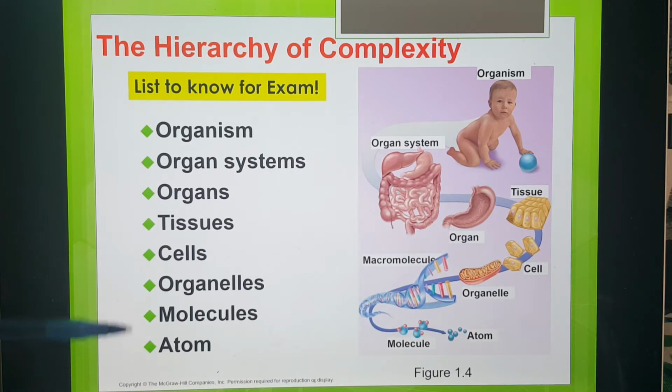We're going to do atoms and molecules with our chemistry chapter, organelles and cells for our cell biology chapter and our genetics material. Then we move up to tissues, which is chapter 5, and then we'll go into our different organ systems that eventually build up into our organism. This is a list you need to know for the exam: atoms create molecules, molecules create organelles, and then cells, tissues, organs, organ systems, and then the full, complete organism.